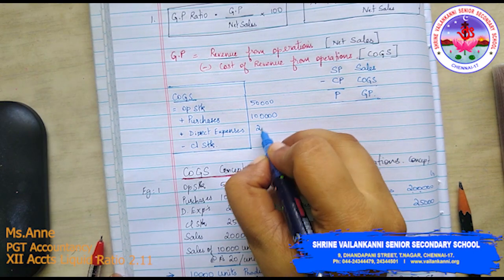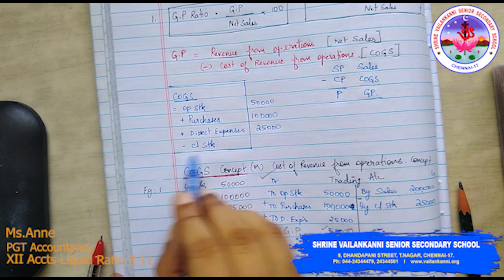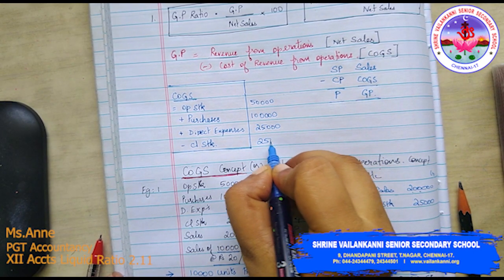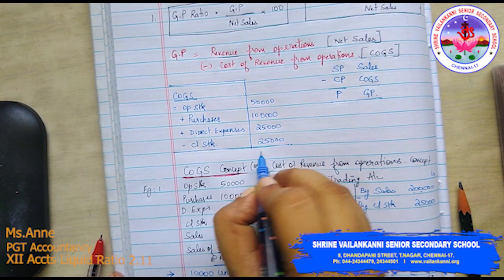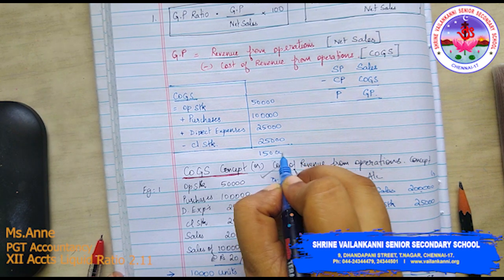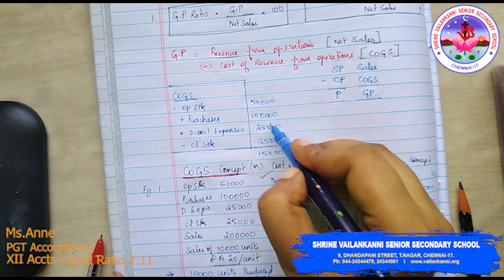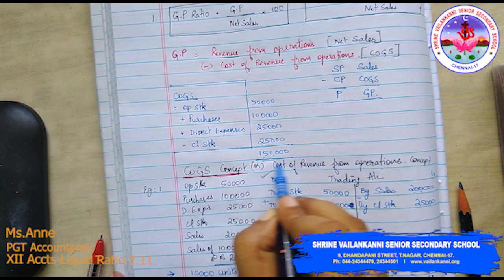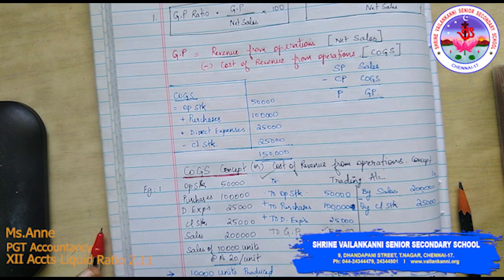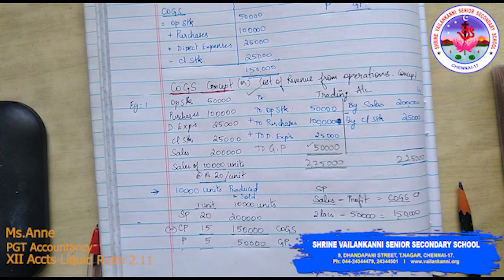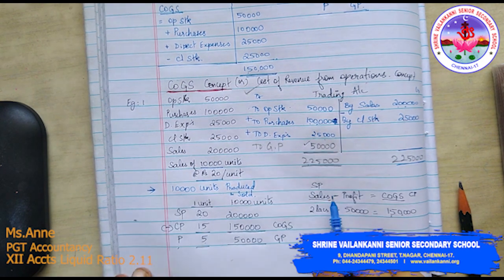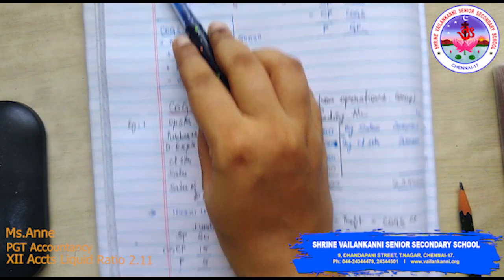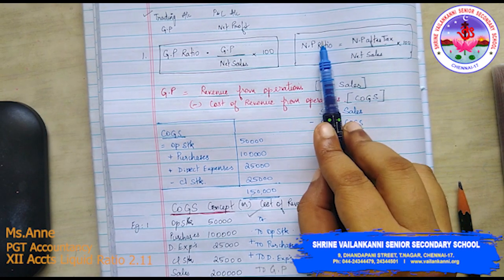Direct expenses 25,000. Closing stock is 25,000. We get the cost of goods sold as 1,50,000. Am I right? So 1,50,000 is our cost of goods sold. You will be able to understand why I have taught you this concept in depth before moving into gross profit ratio as well as net profit ratio.